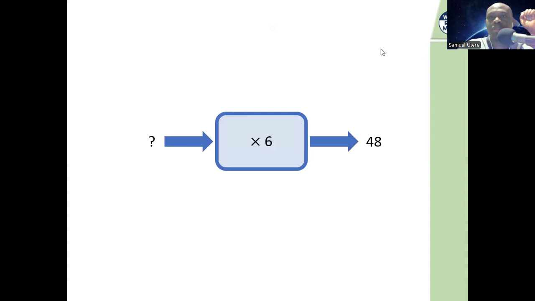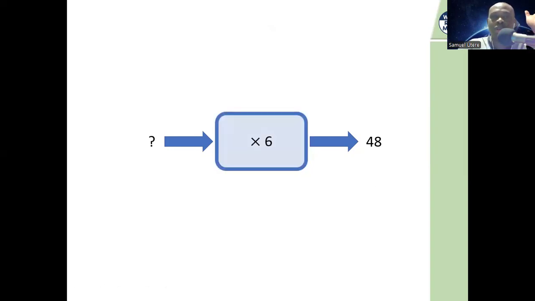All right. So if I have something like this where we do not know the input, remember the title of our lesson is we should be able to find the input when we're given the output. So we multiplied something by 6. The machine is multiplying anything you put in by 6, and then it spits out the number on the other side. We have 48 here.